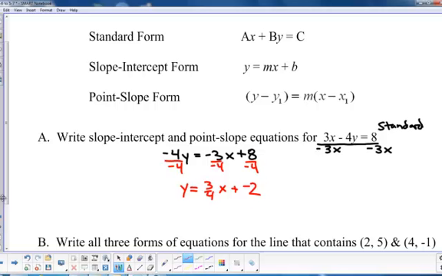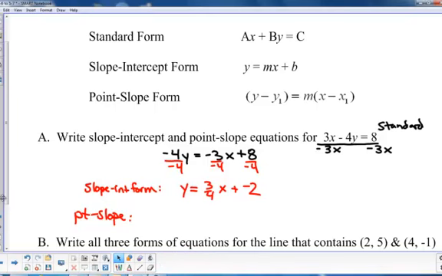So that is slope-intercept form. All right, to make that point-slope form, I'm not really sure why you'd want to go to point-slope form from here. I don't think you'll ever really want to do that, but we'll do it.